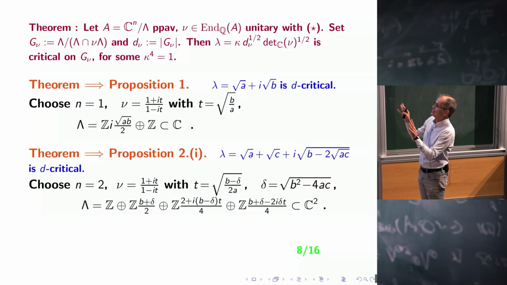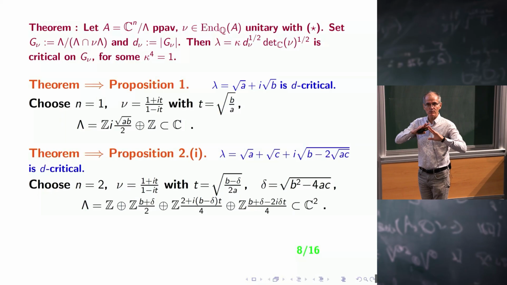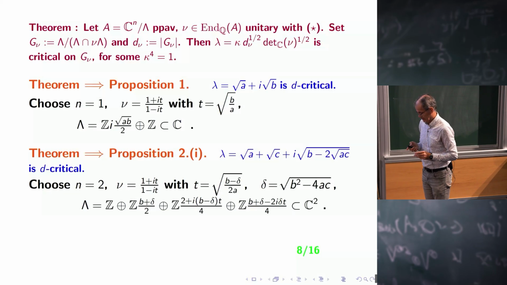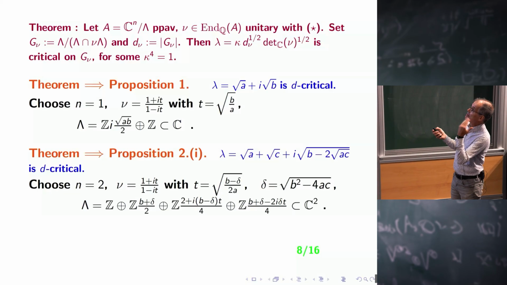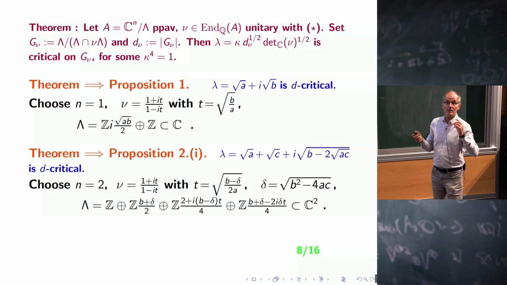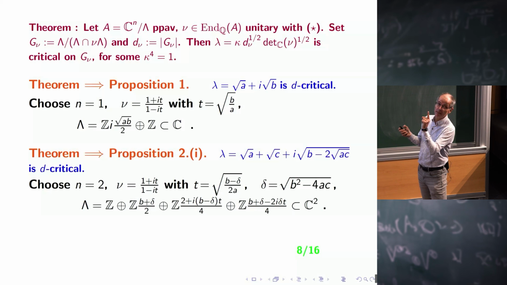You don't see a lot. This is why I want to explain to you proposition 3. Maybe it will be less general, but you will see more of the theory there. So in this theorem, I need an Abelian variety with one very important point: it's principally polarized.